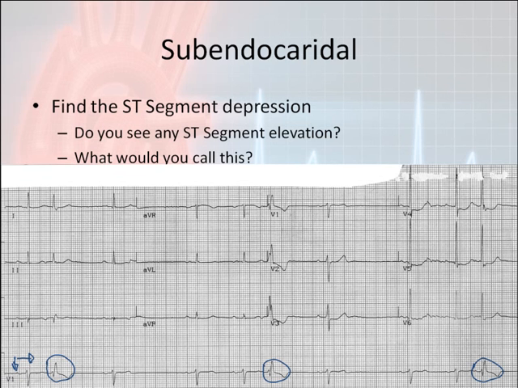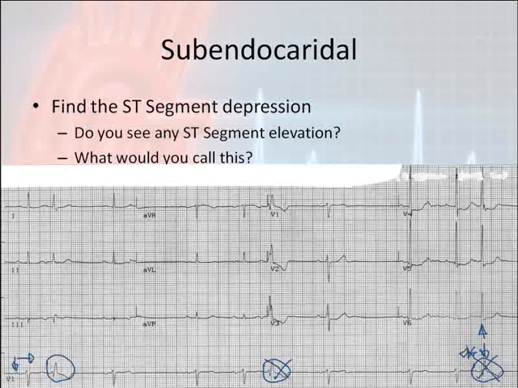If you remember what I said in my first presentation, the temporal relationship tells me that this beat all the way over here to the right does not correlate with these beats over here, but it does correlate with these beats up here. And if I have an abnormal beat, I cannot use this beat to determine ischemia and infarction.